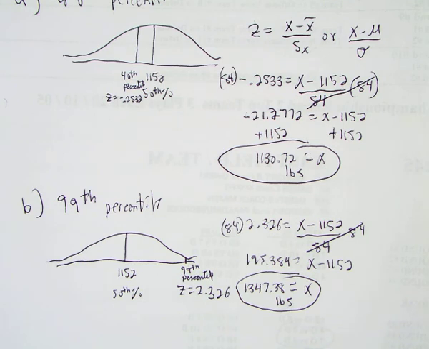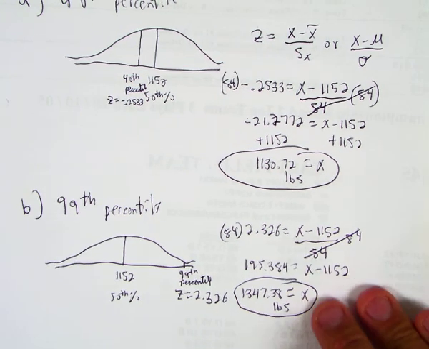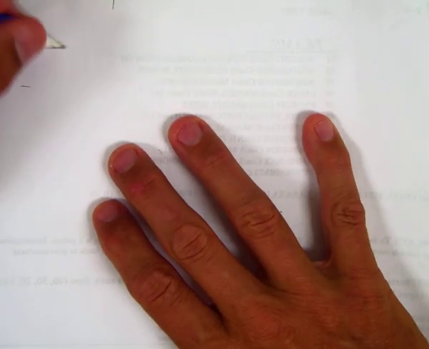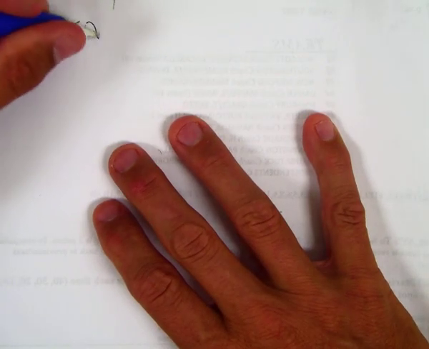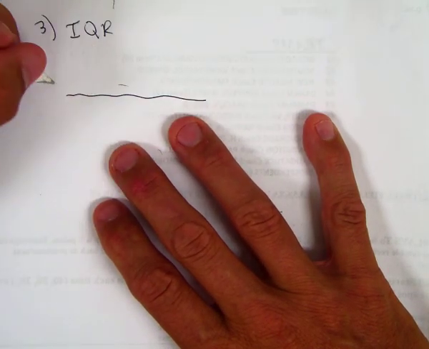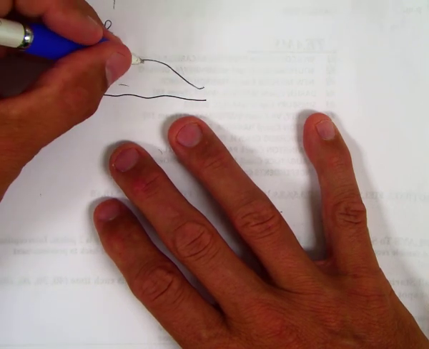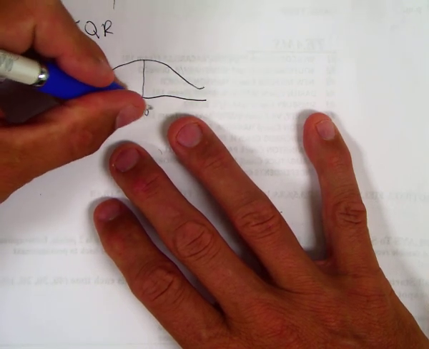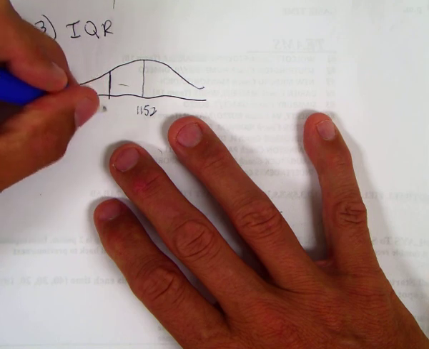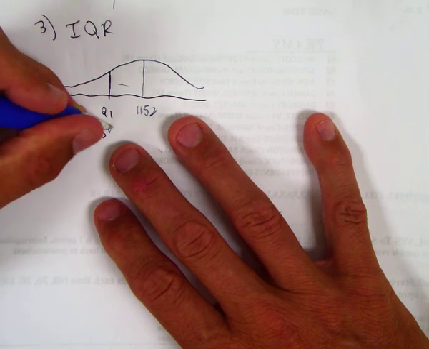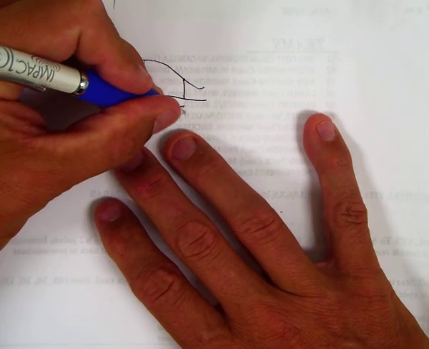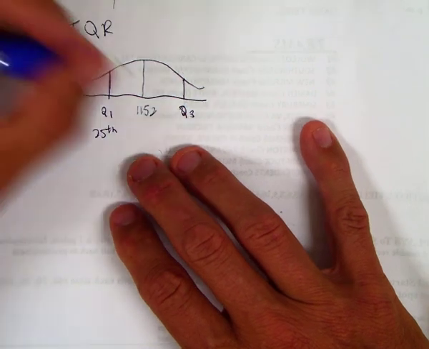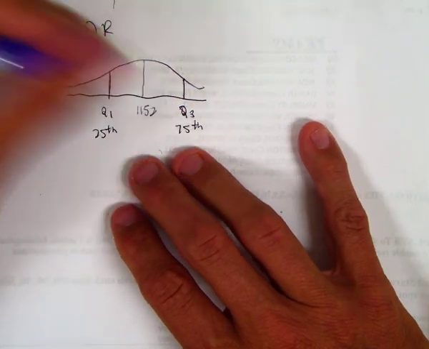And then what's the IQR? Alright, let's talk about the IQR. Okay, so if we're looking at the IQR, Q1 is over here, and that's the 25th percentile, and Q3 is over here, and that's the 75th percentile.